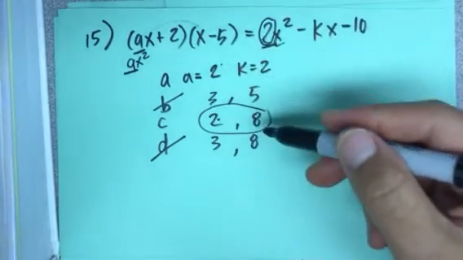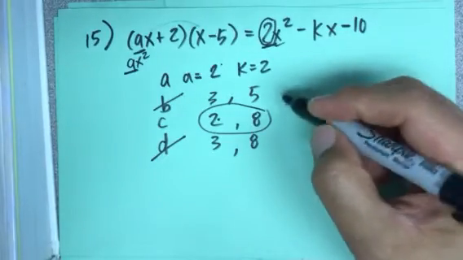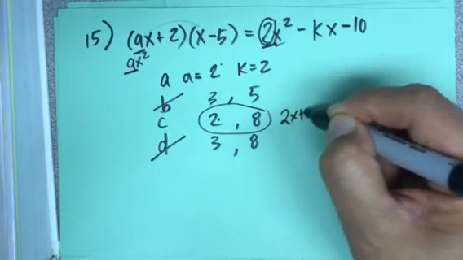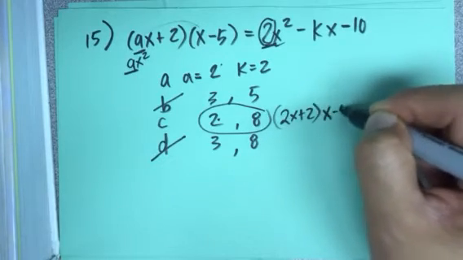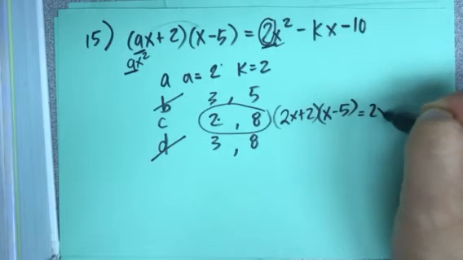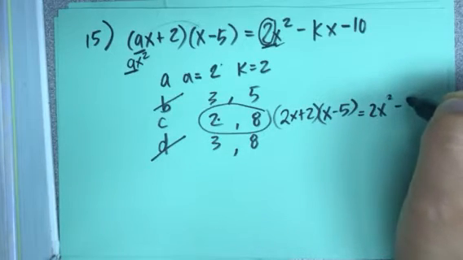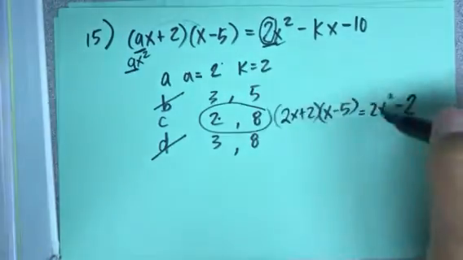If a is 2 and k is 2, then the equation is going to become (2x plus 2)(x minus 5) equals 2x squared minus 2. This is the k, everybody. I'm plugging the k in.